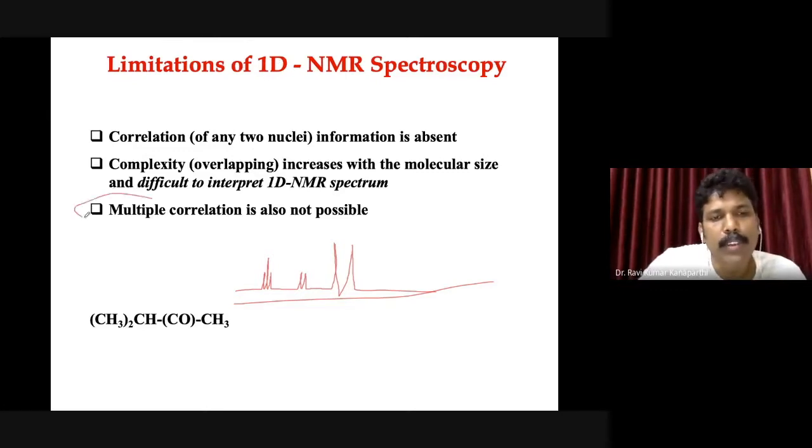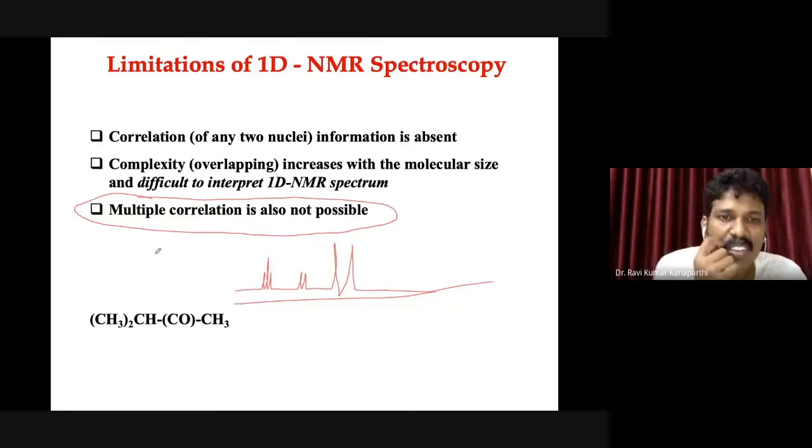The third point is another drawback or limitation of one-dimensional spectroscopy. When you shine the radio frequency, there are multiple nuclei, and all these nuclei show what we call quantum coherence.